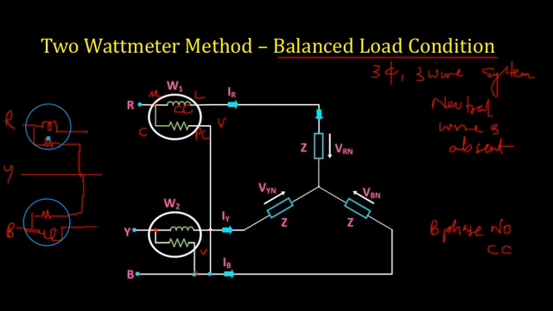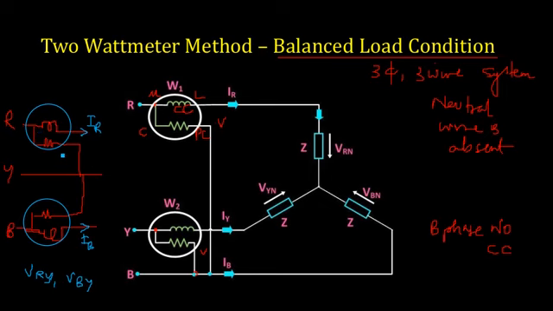Here in this case the current coil currents are IR and IB, and the pressure coil is connected across voltages VRY and VBY.